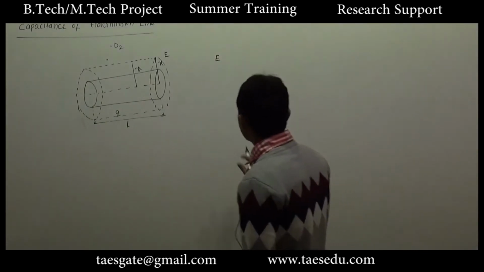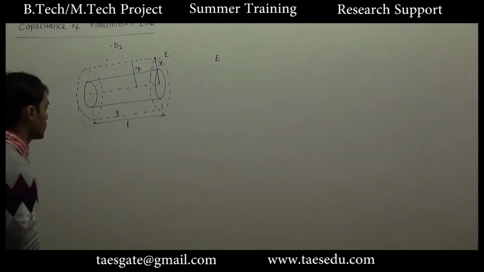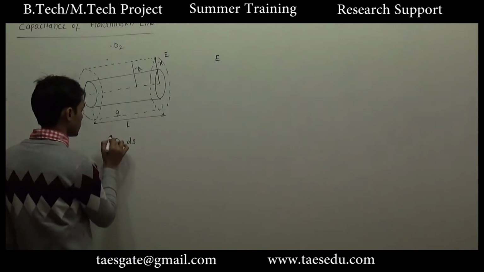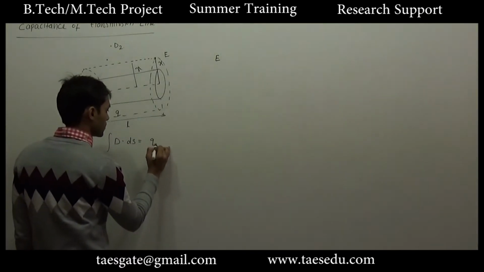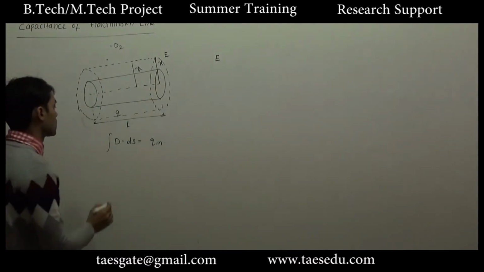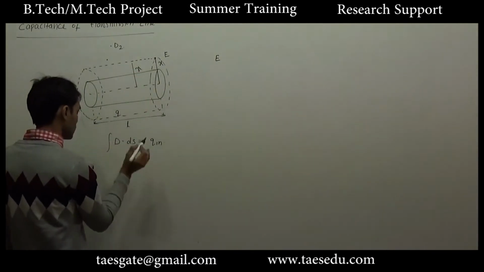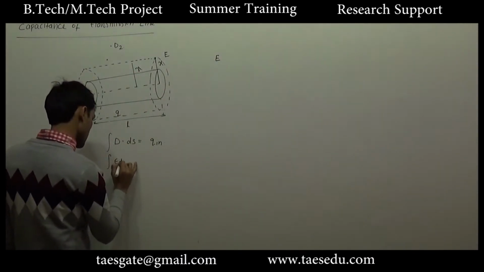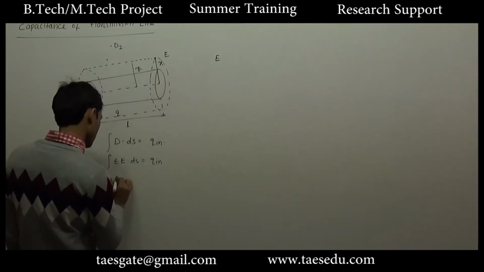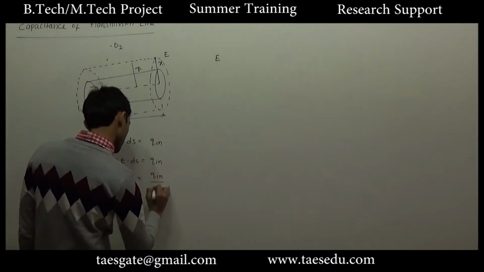Okay, now let us try to apply the Gauss law. D dot ds integration will be charge enclosed. Okay, so on each surface D will be constant, or let us represent D as epsilon into E. E dot ds will be charge enclosed divided by epsilon.